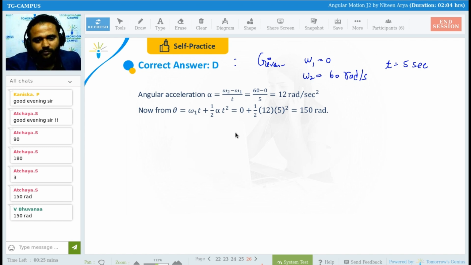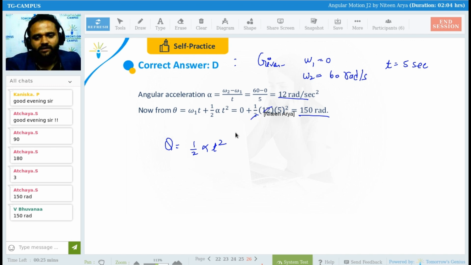Alpha is omega 2 minus omega 1 divided by t. Then you need to use this equation: omega 1 is already 0, so theta is nothing but half alpha t square. We know alpha and we know t. Multiplying everything, that is 25 into 6, that is 150. Clear?